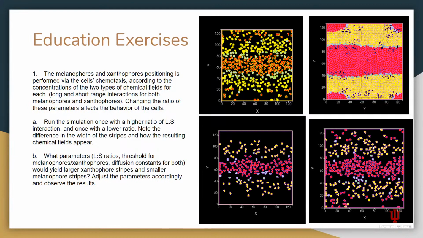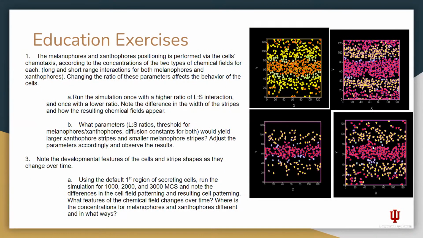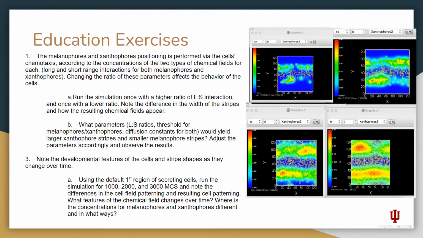And this is kind of the same thing, but building off of that, another exercise is to just observe the change in chemical fields over time. So to kind of see the development of the zebrafish from a young zebrafish to an adult, and how the stripes actually develop biologically over time.